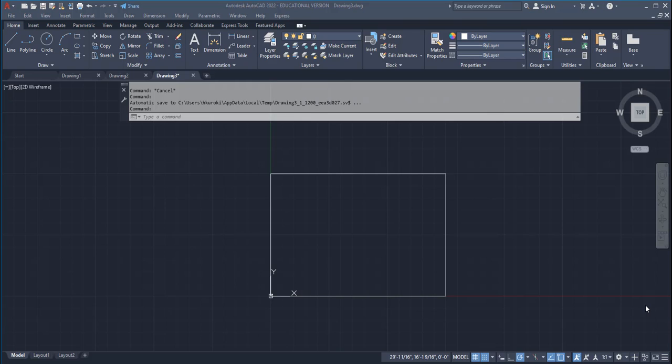Okay, so we're going to talk a little bit about input and also the coordinate system. If you recall, in Rhino, we had positive in the x direction, positive in the y direction, and negative in the y direction.